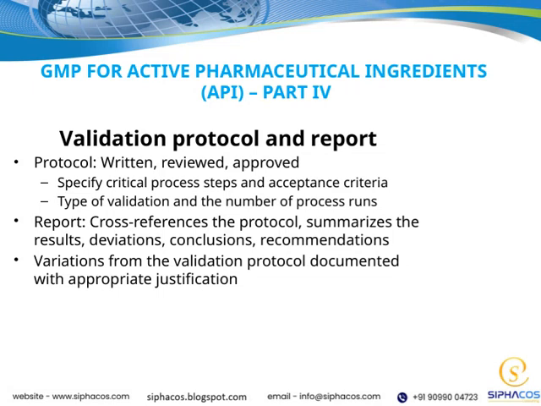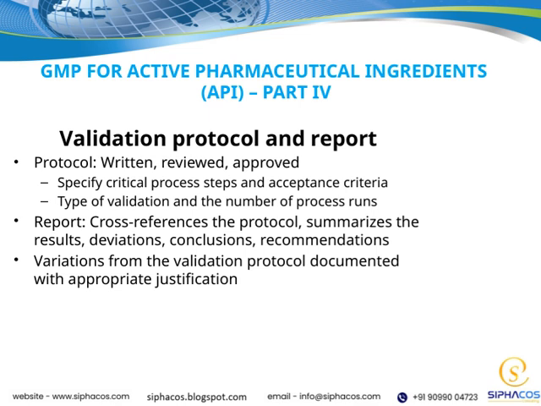Let's dive into the key aspects of the validation protocol and report. First, the protocol itself must be written, thoroughly reviewed, and officially approved before any validation activities begin. This ensures that everyone is on the same page and that the process is clearly defined. Next, the protocol should specify critical process steps and establish clear acceptance criteria.